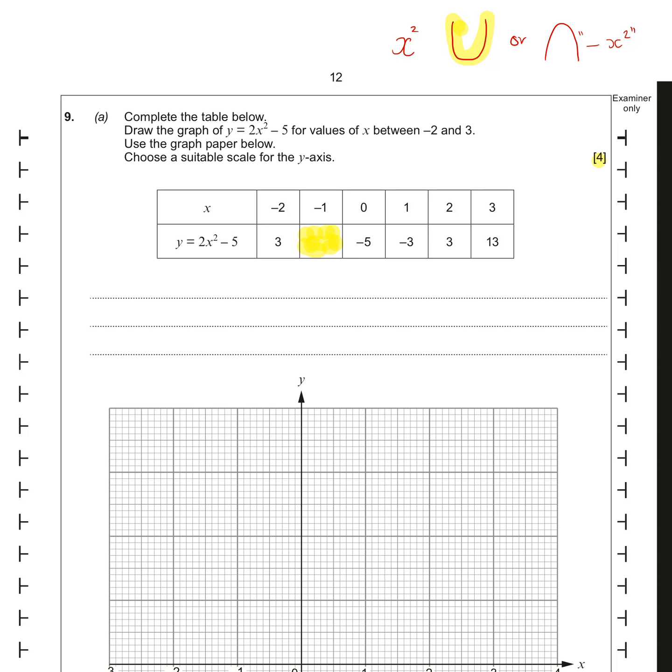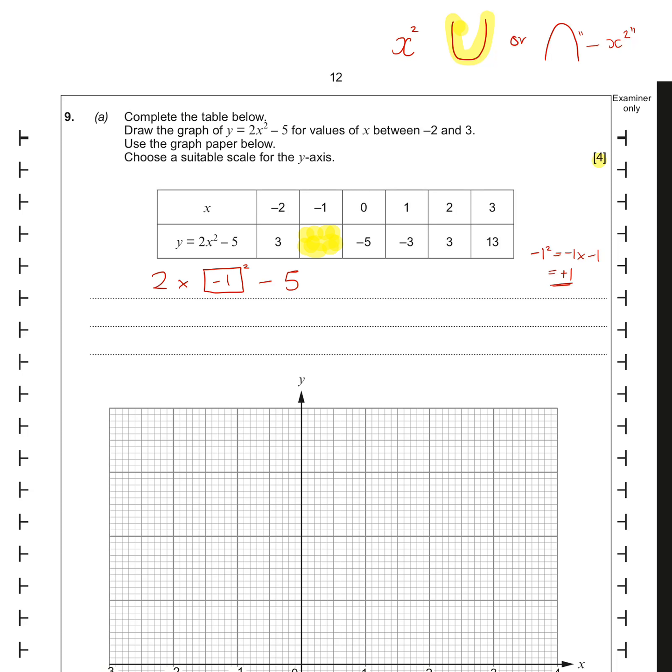So I need to work out the value of 2 multiplied by my number squared, take away 5, and my number is minus 1. Minus 1 squared is the same as minus 1 times minus 1, and a minus times a minus makes a positive. 1 times 1 is 1.